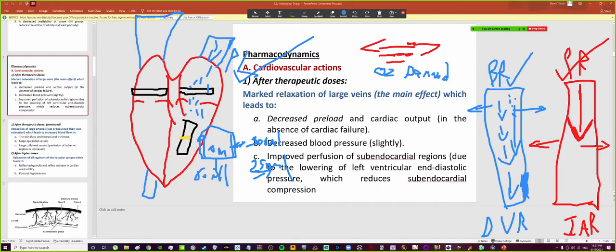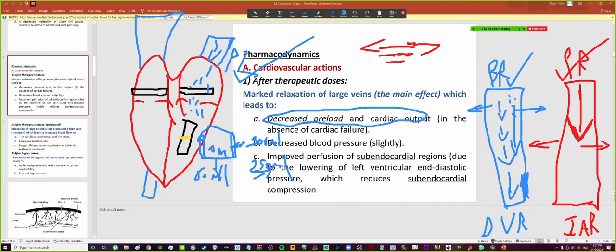Okay? And when it's equal to supply, there are going to be no angina pectoris, inshallah. This is a form of compensation, and that is the main effect. Decreased preload and decreased cardiac output, but this is in a normal heart, like people without heart failure. How is that? We will get into it later.